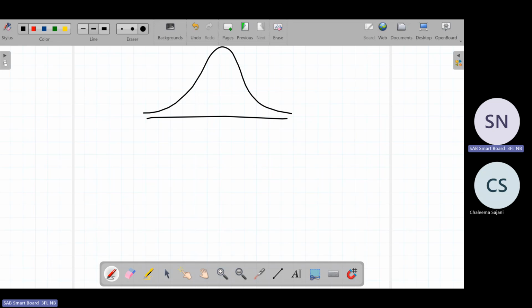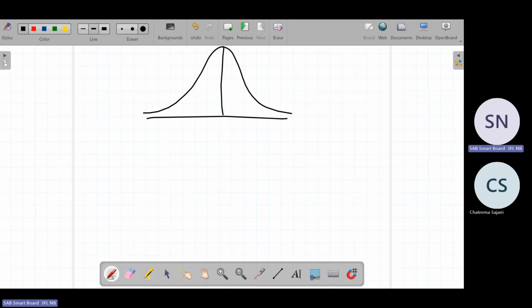This is the normal distribution, and it is symmetric. If we take the middle point, we have two equal parts. That is what we call symmetric. So the normal distribution is a symmetric distribution.